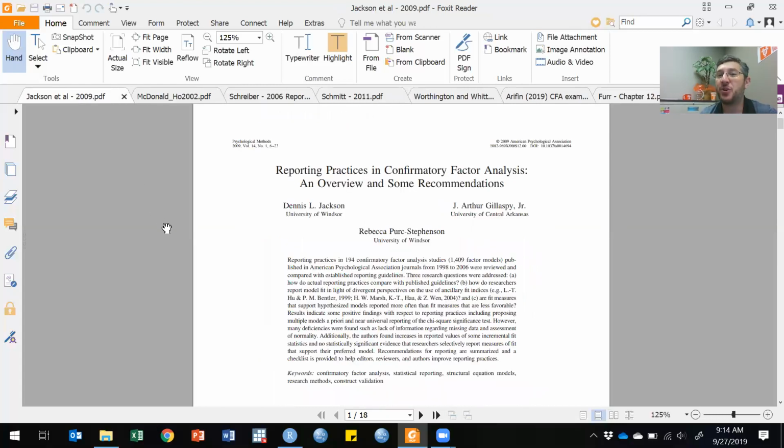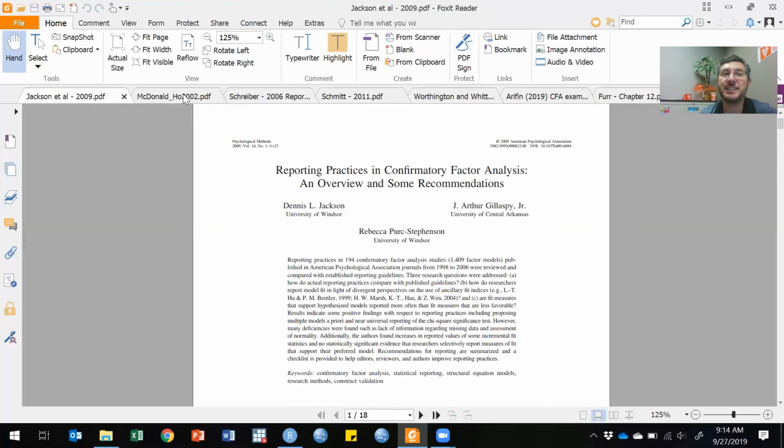Then I have several articles on here, this Jackson article and this McDonald article, that talk about reporting practices. How do you interpret the CFI and the root mean square error of approximation? What are good values? How do we go about reporting results of a confirmatory factor analysis?